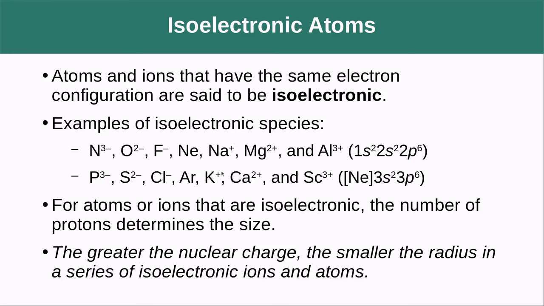Isoelectronic is a term that describes ions or neutral atoms that all have the same electron configuration. So you can imagine that sodium typically has 1 more electron than neon; if you take an electron away, you make a sodium plus ion, and it will have the same electron configuration as neon.